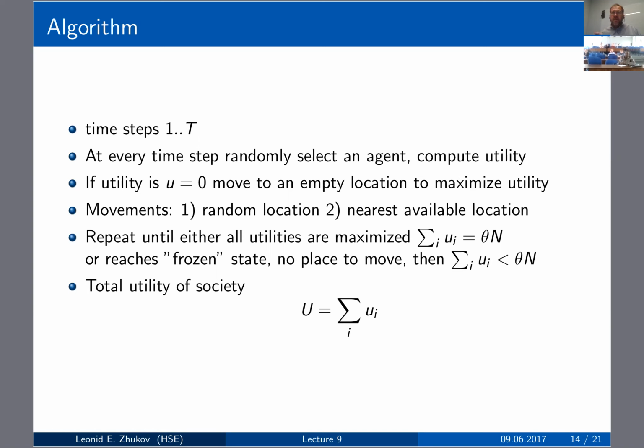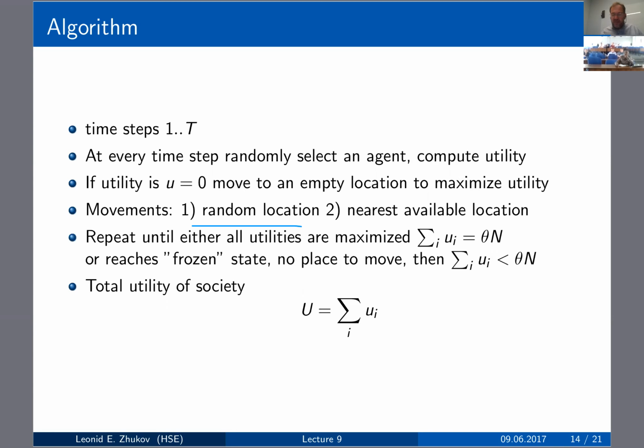So, one trick here is how to select the location you're going to move to, because if there are enough empty locations, there are a lot of places a person can move. There are 2 standard ways to handle that. You can move to an entirely random location, but still satisfying that it's empty and the utility in that location is equal to 1.